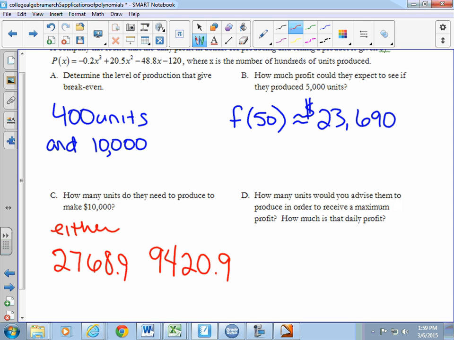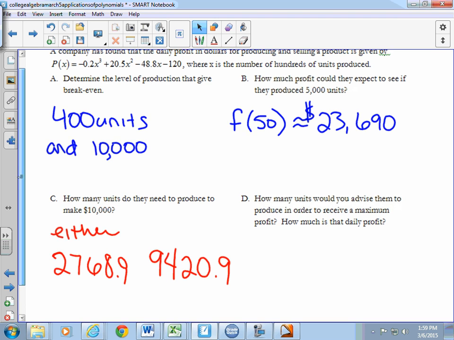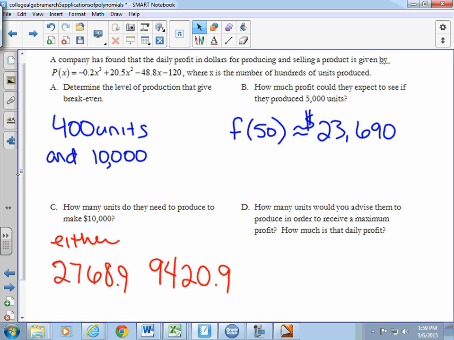How many units would you advise them to produce in order to receive a maximum profit? Yes. So I'm going to go to the calculator, and now you know why it's important that I see that maximum on this particular problem.